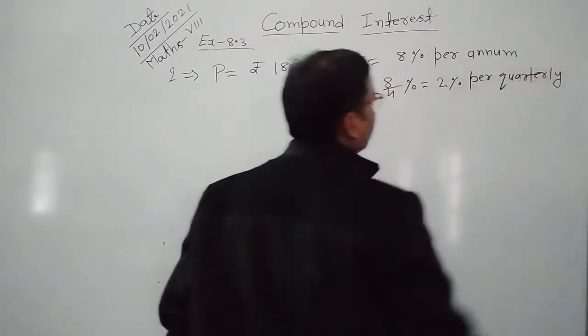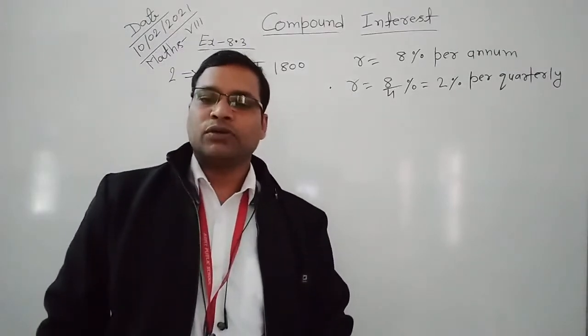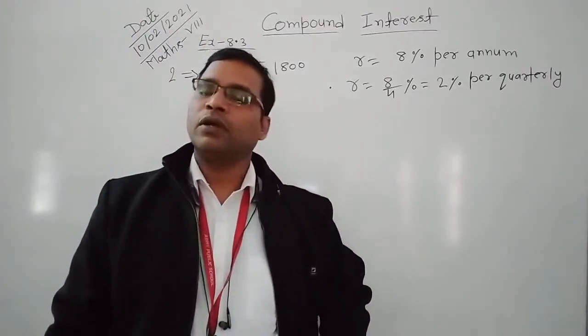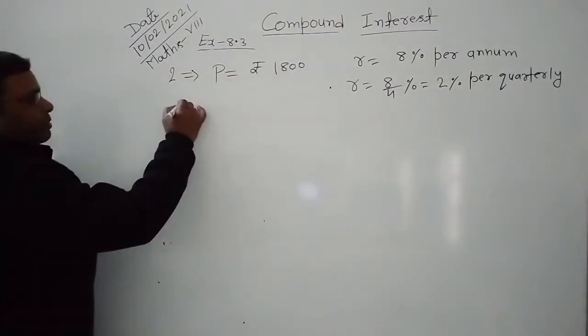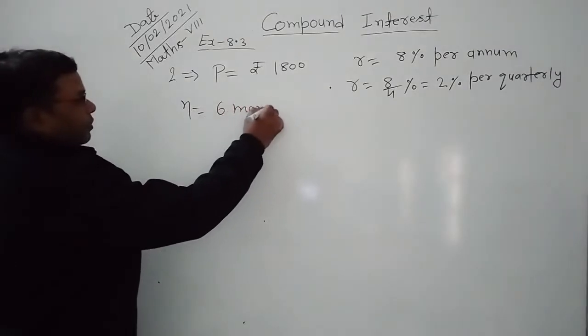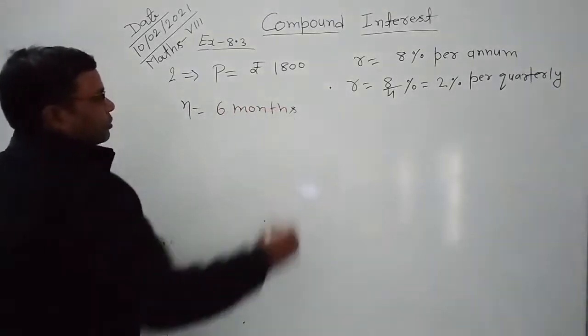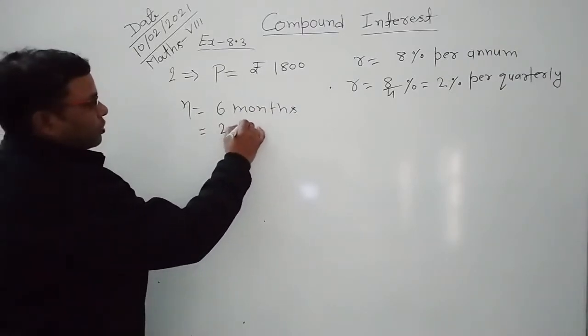Rate is given here as 2 percent per quarter. And the time, in the present, is 6 months. So how many quarters? This is equal to 2 quarters.